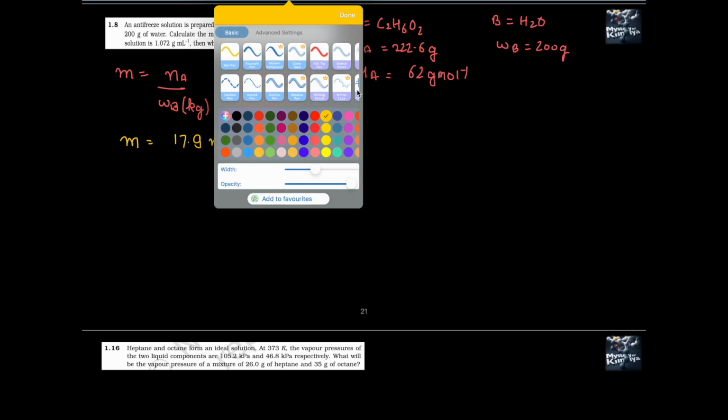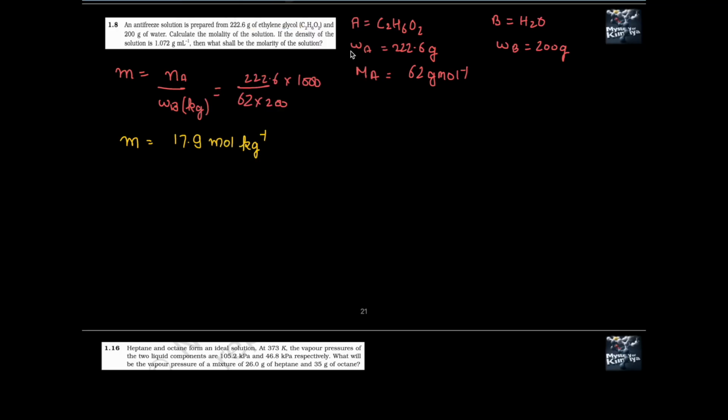Okay, so now we need to find the molarity. Molarity would be equal to moles of A divided by volume of solution in liter. So our target is to find the volume of solution. We have the density of solution, so we can relate the density with the volume.